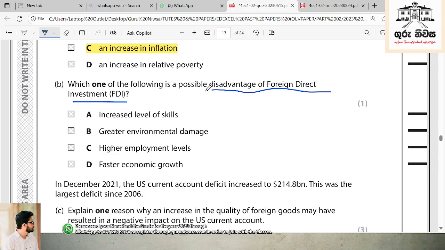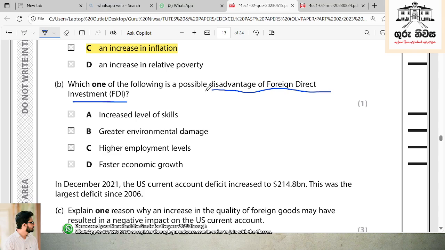What are the advantages of foreign direct investment? What are the disadvantages? What could the disadvantage be? Faster economic growth?